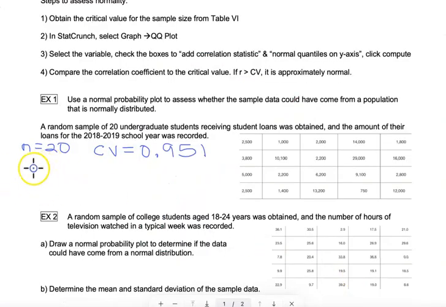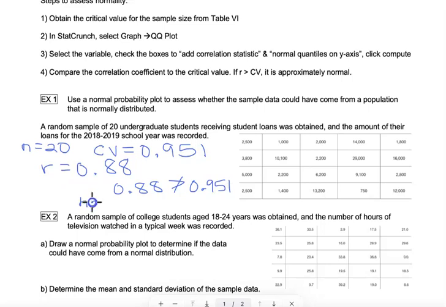So I write down that R is 0.88, and now I compare. R, 0.88, is not greater than 0.951, which means that this data is not approximately normal.